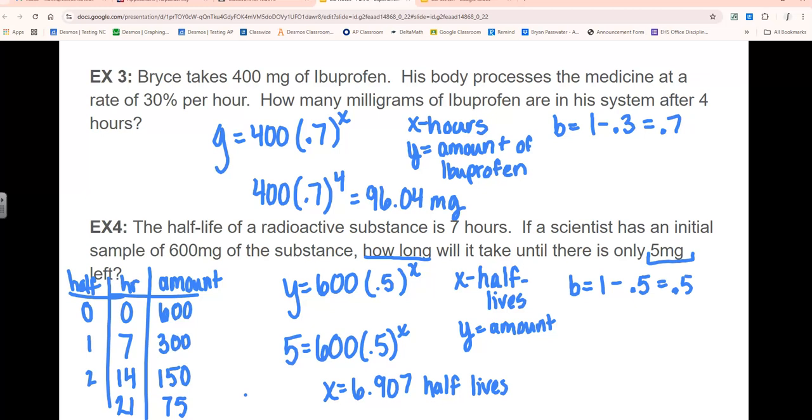How long is each half-life? 7 hours. So I have to take my answer, 6.907, and I have to multiply it by 7.